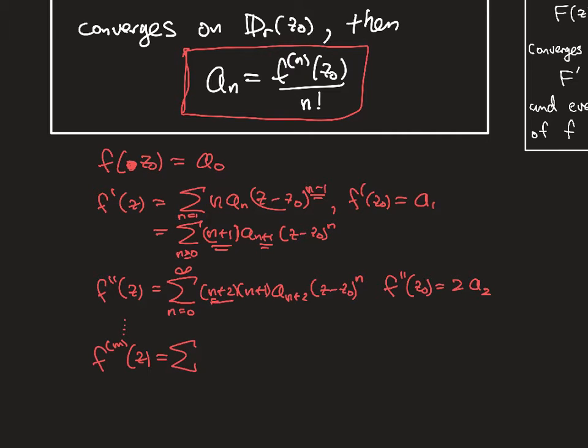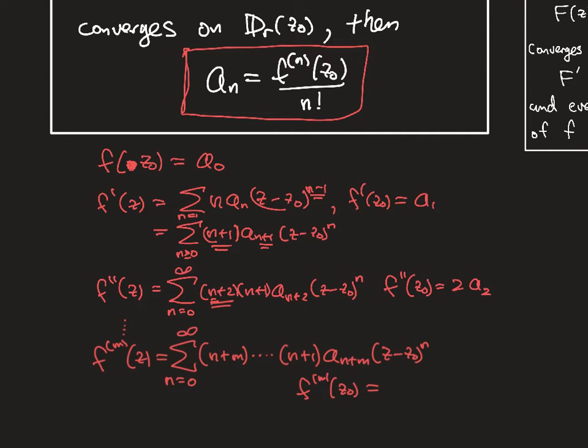And basically what we're doing is you start at n plus m, and you go all the way down to n plus 1. And you get this formula. And what happens when we plug in z naught?